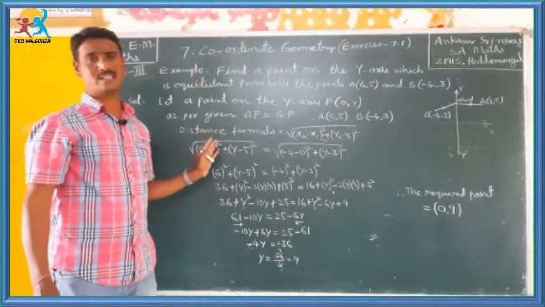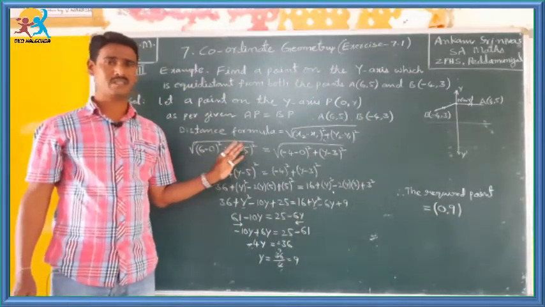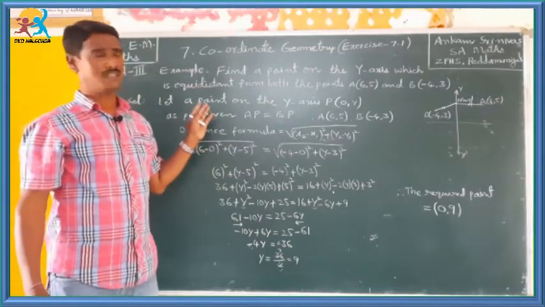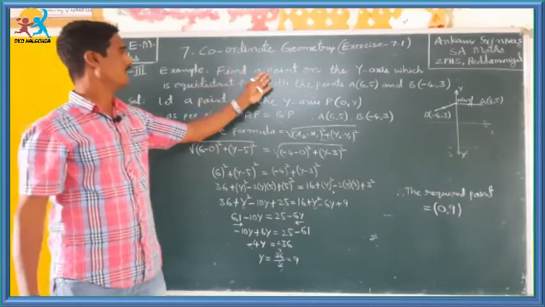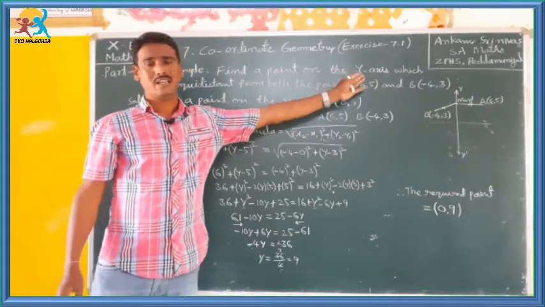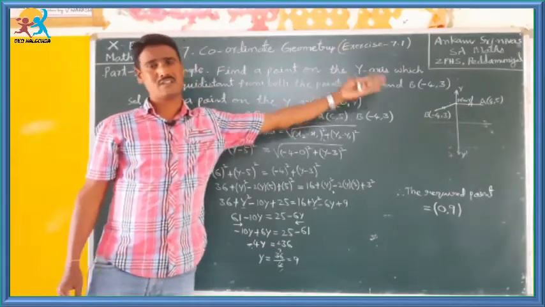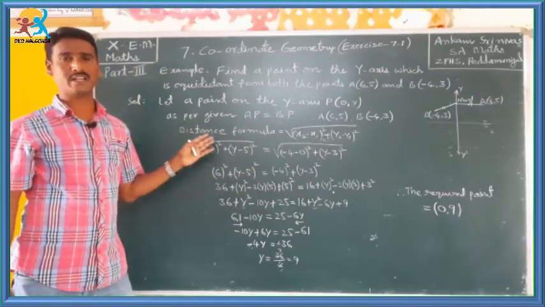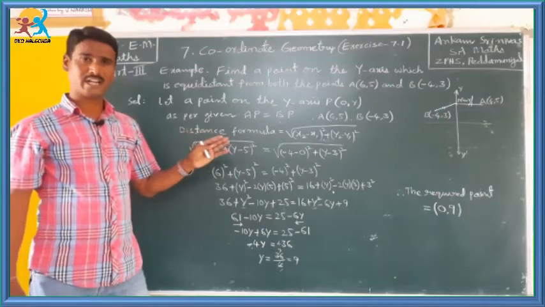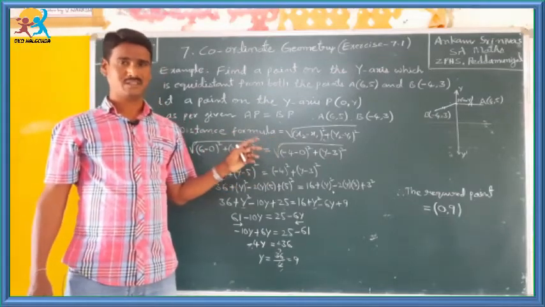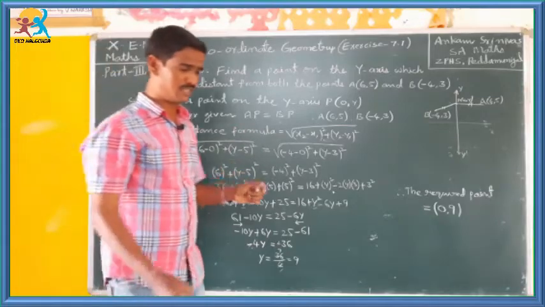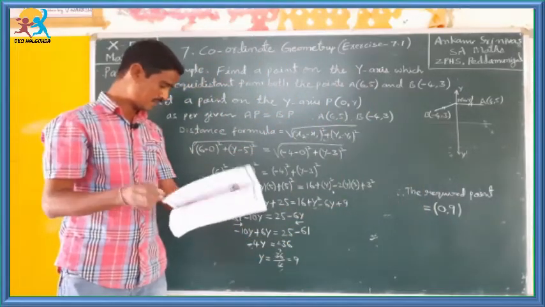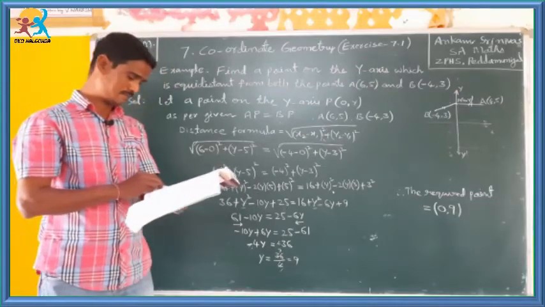Very easy to solve this problem. You can be asked this in the examination; it is a 4-mark question. Sometimes instead of the y-axis, the question may ask about the x-axis. Then suppose a point on the x-axis with y coordinate 0, that is (x, 0). We have one such problem in our textbook in exercise 7.1, problem number 10.